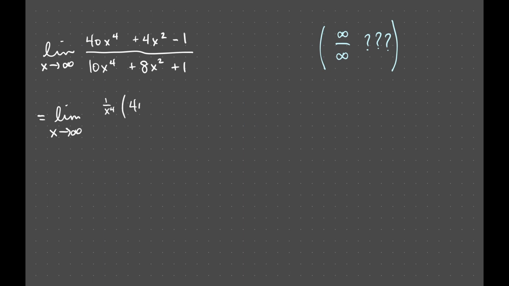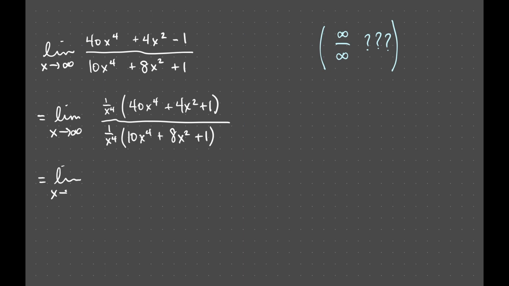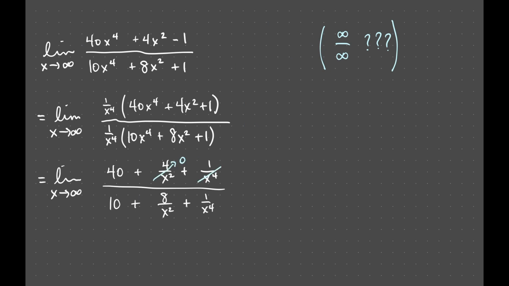But if we divide both the numerator and the denominator by the highest power of x, in this case x to the fourth, we find that the limit is equivalent to the limit of a new quotient, where both the numerator and the denominator are tending to finite numbers. In this case, the numerator is tending to 40, whereas the denominator is tending to 10. What this means is that the quotient is tending to the value of 40 over 10, which is 4.